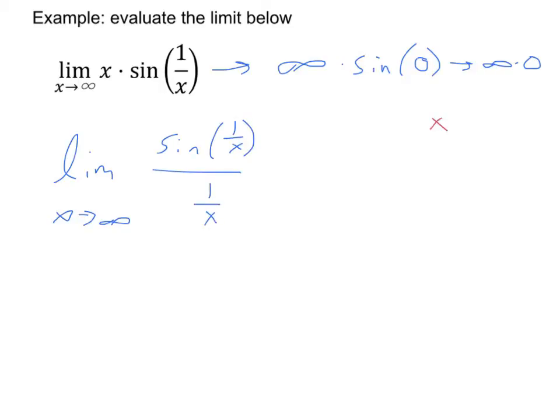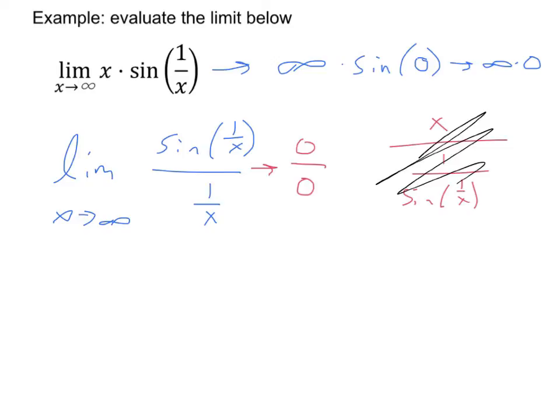In theory I could have done x over 1 over the sine of 1 over x, but that's just a mess. Especially because what's your next step? Your next step is, hey, look everybody, this is approaching 0 over 0, so I can use L'Hopital's rule. I can do these two derivatives. I would much rather do these two derivatives than those two derivatives.